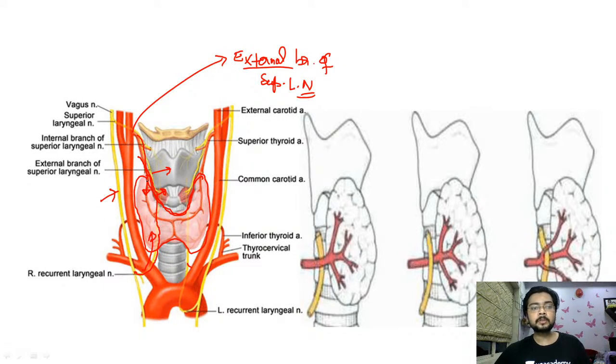It also lies near the upper pole, so again in relation to the thyroid gland and at risk of getting damaged during thyroid surgery. So both the recurrent and superior laryngeal nerves are in close proximity and at risk of damage in thyroid surgery.